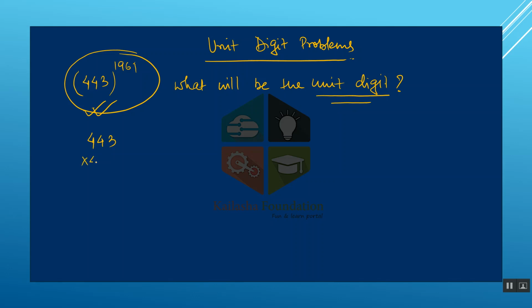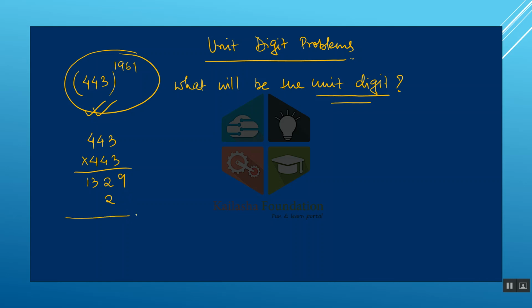443 times 443, when you multiplied this in your childhood, then it was 3 threes are 9, 3 fours are 12, 1 is carried over, and so on.